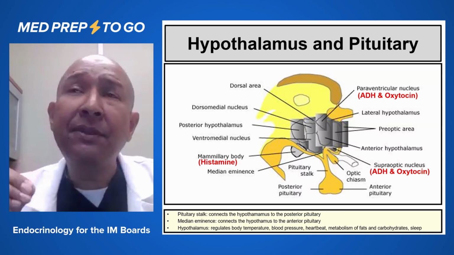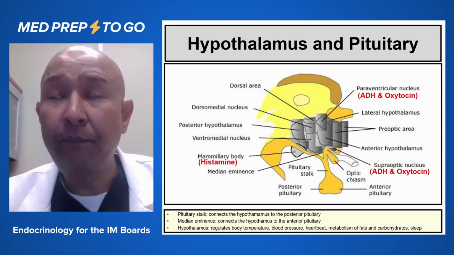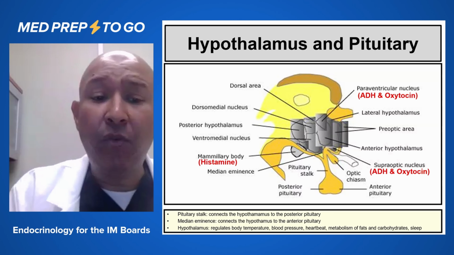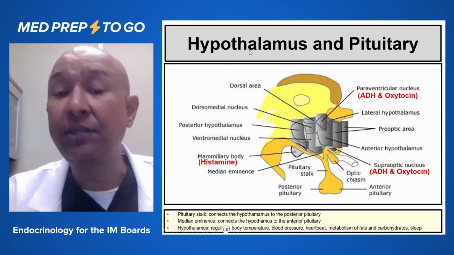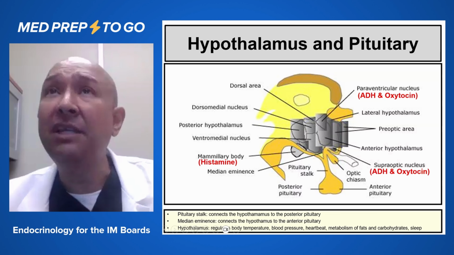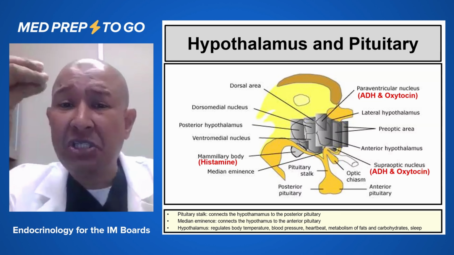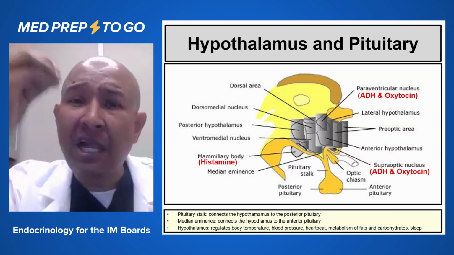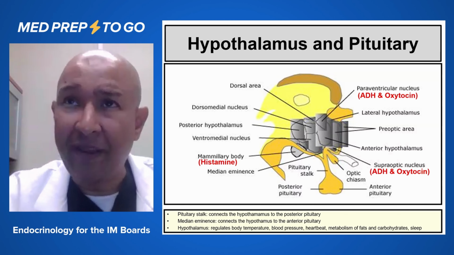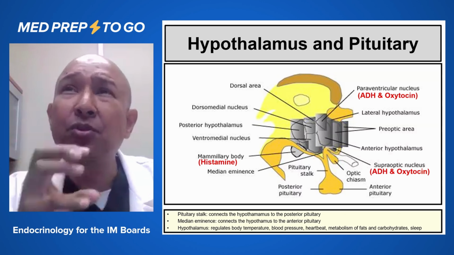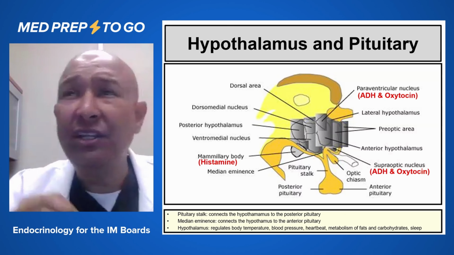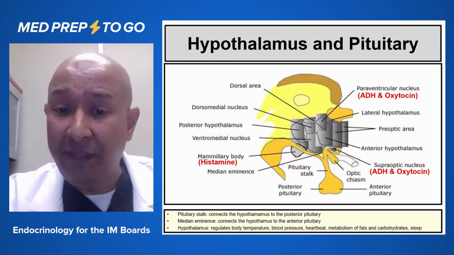And the hypothalamus connects to the pituitary. And when we talk about the posterior pituitary, it really is going to be the pituitary stalk that connects the hypothalamus to that posterior pituitary, where you take those two hormones, ADH and oxytocin, and you store them there.